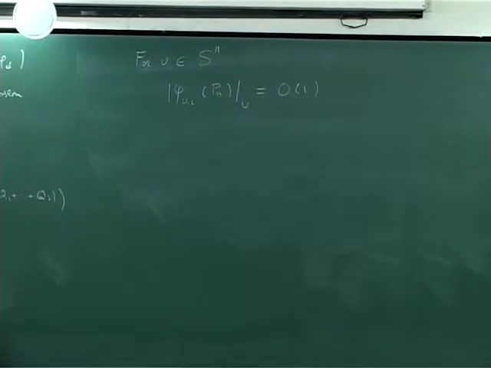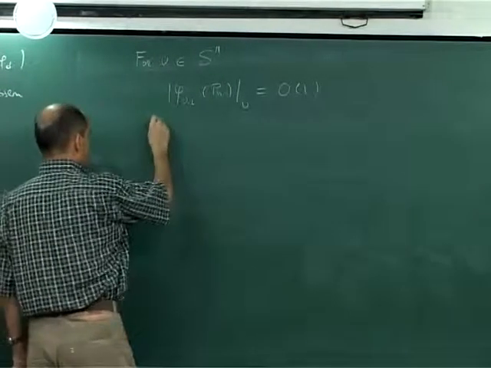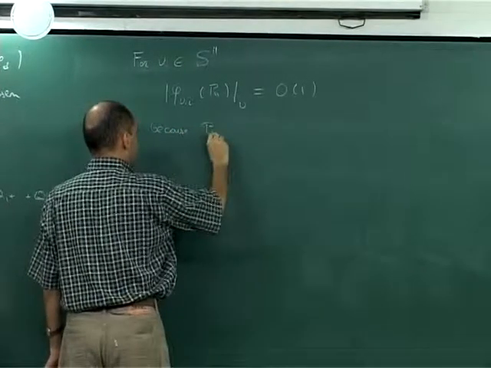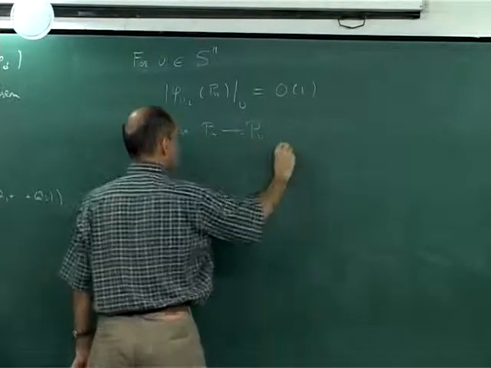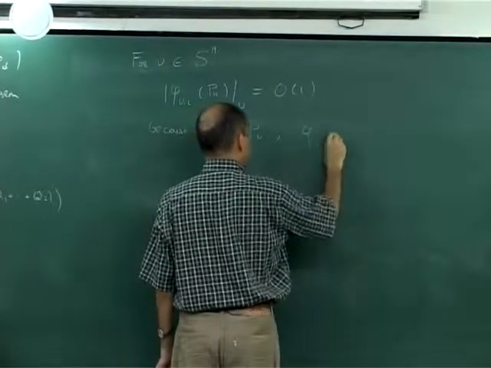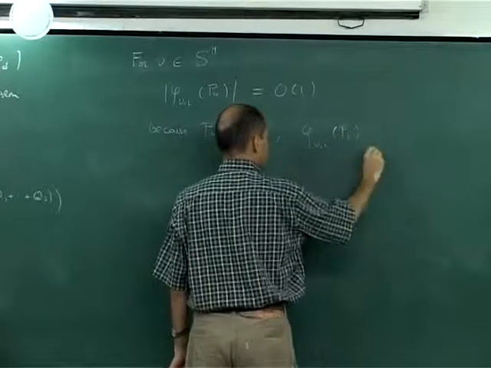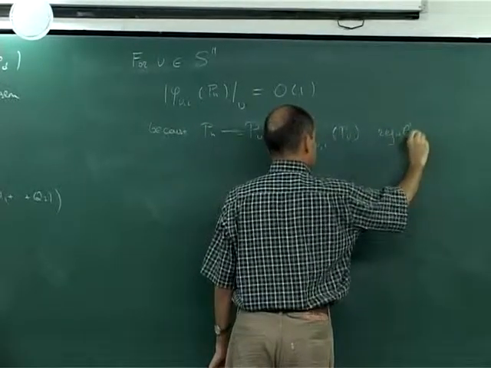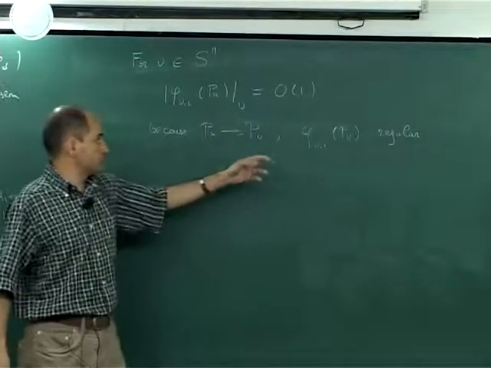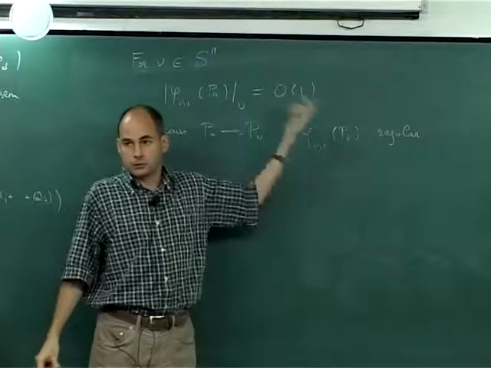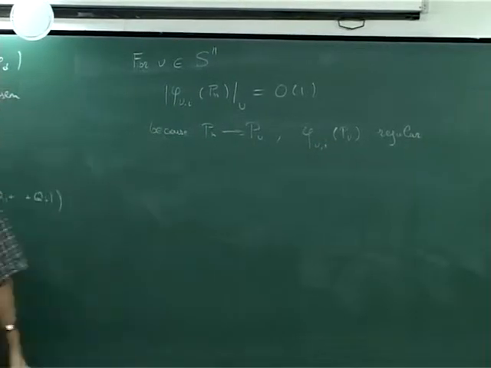This is because Pn tends to a point P nu, and phi nu I at P nu is regular, not infinity. So this value tends to this value, which is a finite value.